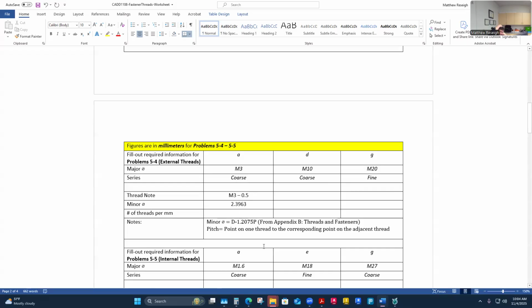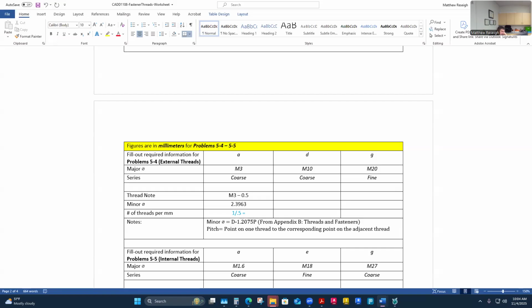Yeah. And then threads per millimeter. I can figure it out as threads per inch, but you can do threads per millimeter. I'm just going to do 1 millimeter divided by the pitch. So I'm looking at just 1 millimeter, not 1 inch here. And whatever this equals is going to be my number of threads per millimeter.